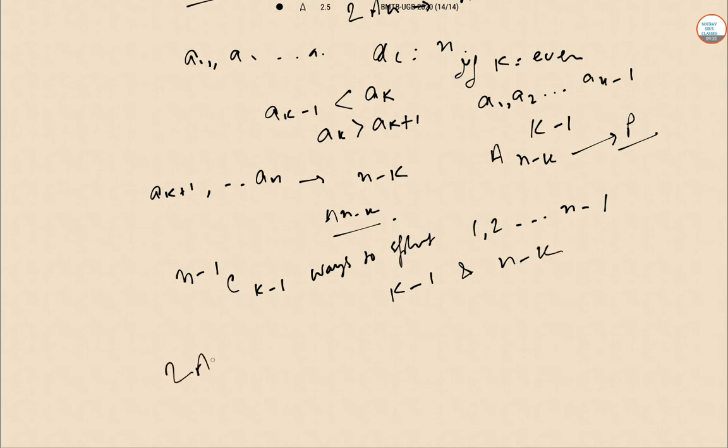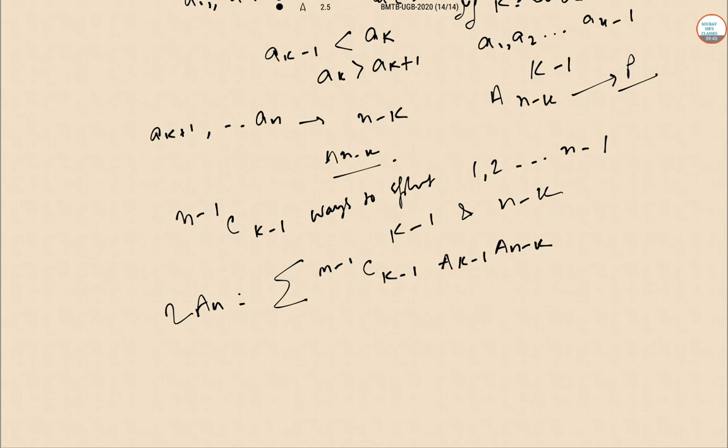So obviously 2an here will be the summation of n minus 1 c k minus 1 times a k minus 1 times a n minus k, with k equal to 1 to n.